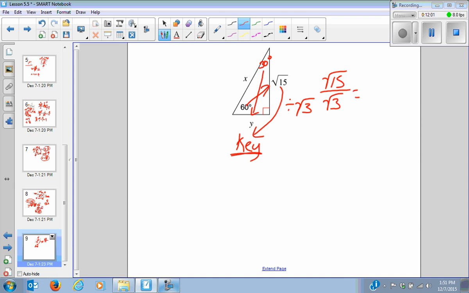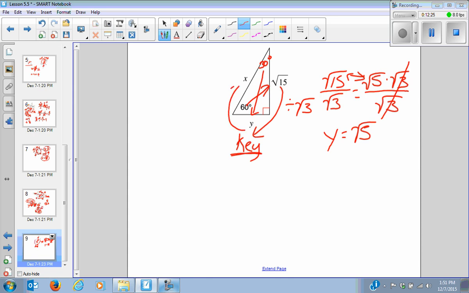Well, I can actually break this square root of 15 into the square root of 5 times the square root of 3 over the square root of 3, because 5 times 3 is the same thing as the square root of 15. These two things are equivalent. But what that allows me to do is cancel the square root of 3's out, so I realize that the square root of 5 is this answer, so y equals the square root of 5.